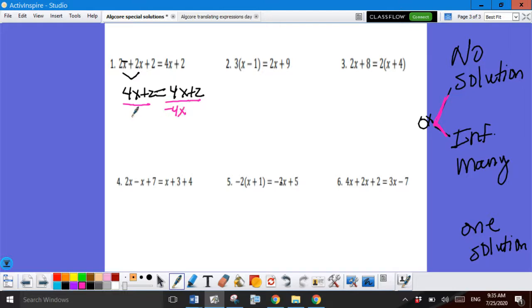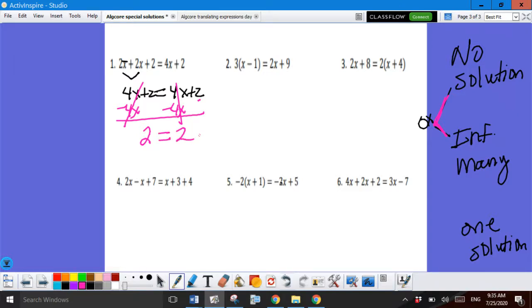If I subtract my 4x, now this is not division, this is subtraction, so let me erase that line there. I'm subtracting 4x. This is gone, and so is this, and I have 2 equals 2.